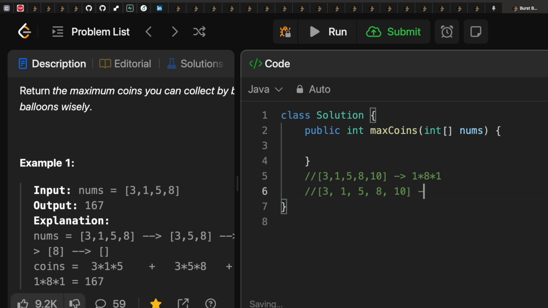Now we will be bursting 3, so on the left of the 3 we have 1 and 3, and on the right we will be having 8.